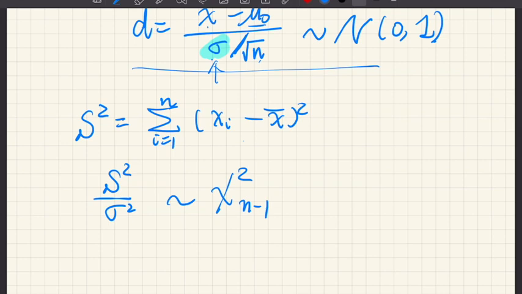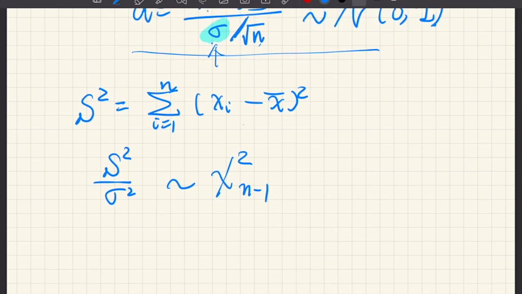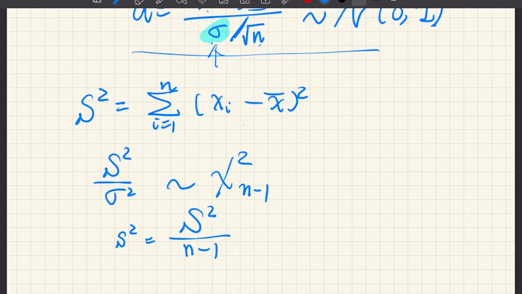So we define small s squared as large S squared divided by n minus 1, the degrees of freedom of this chi-square distribution. Then we define the t random variable, x bar minus mu over small s over square root of n.